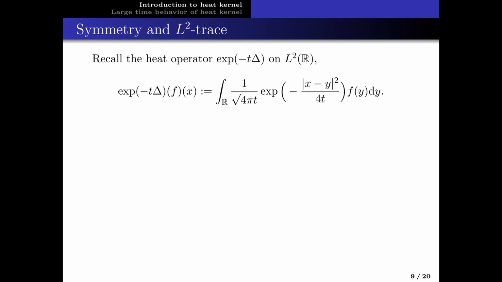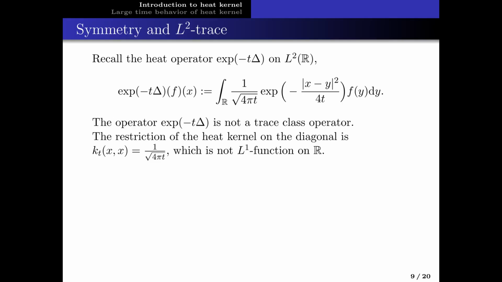In particular, if we look at the restriction of our heat kernel to the diagonal, when we set x equal to y, the exponential term disappears. We just end up with this nice expression of one over the square root of 4 pi t. This is a constant function on the real line. It is not actually integrable, so the trace is not well defined.